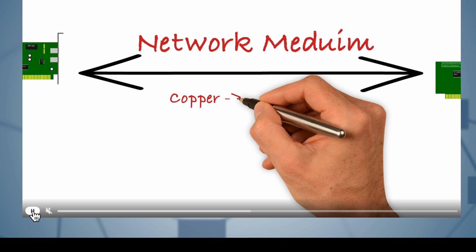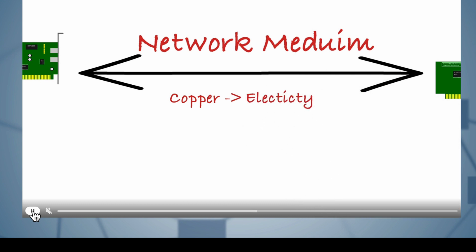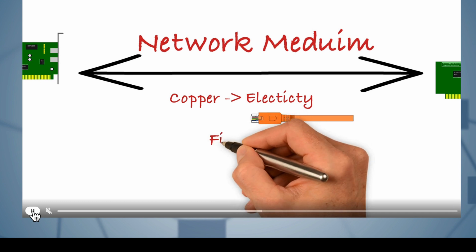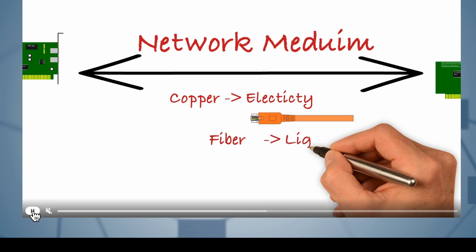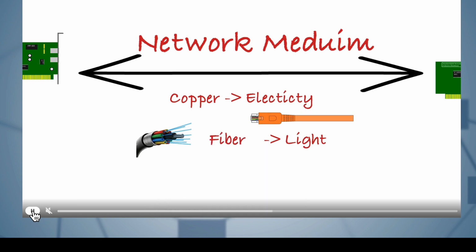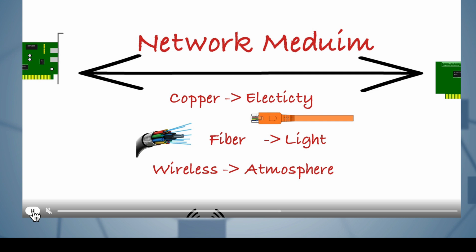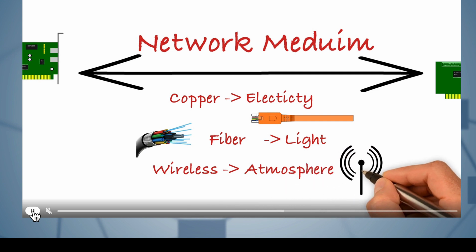So one, we have a copper cable, and copper is going to utilize electricity to send the signal down the wire. Next, we have a fiber optic medium, which is going to be utilizing light to send the signal. And lastly, we have wireless, which utilizes the atmosphere to send the signal, or basically it sends an RF signal, a radio frequency signal.